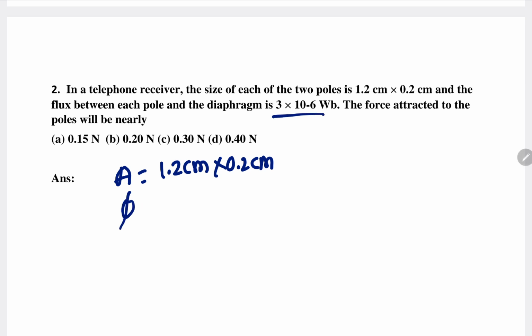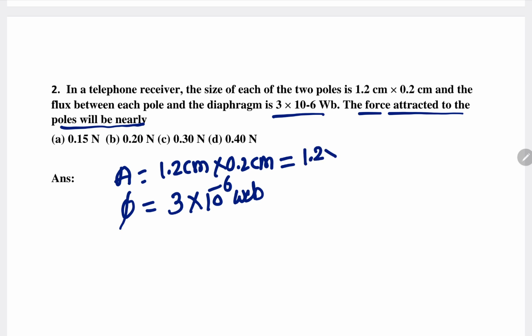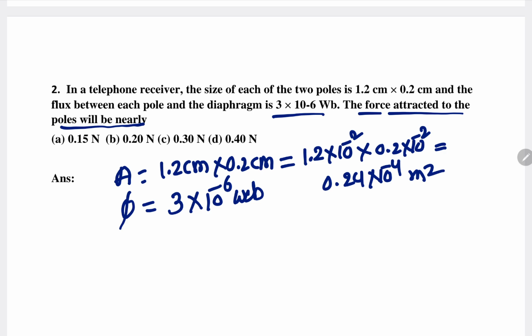So flux is given, that is 3 into 10 to the power of minus 6 Weber. The force attracted to the poles, we want to calculate. Let us convert this into meters. 1.2 into 10 to the power of minus 2 and 0.2 into 10 to the power of minus 2, and this becomes 0.24 into 10 to the power of minus 4 meter square.